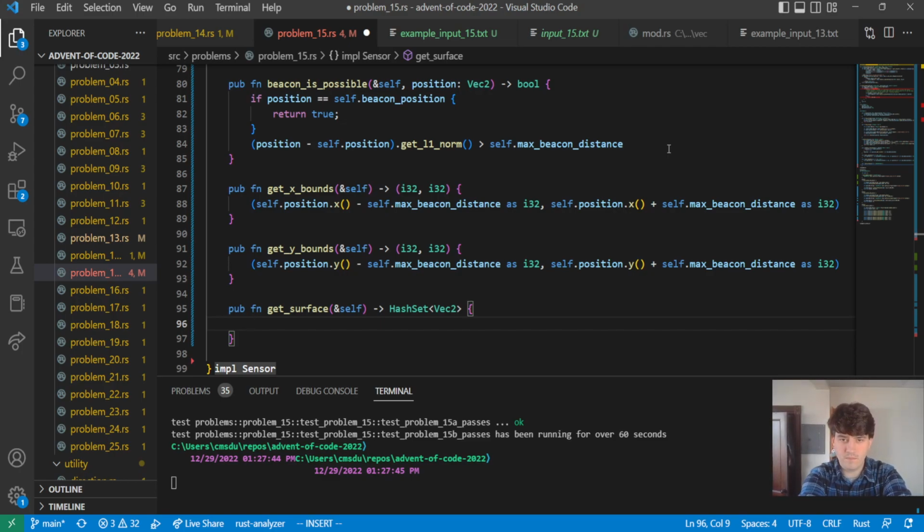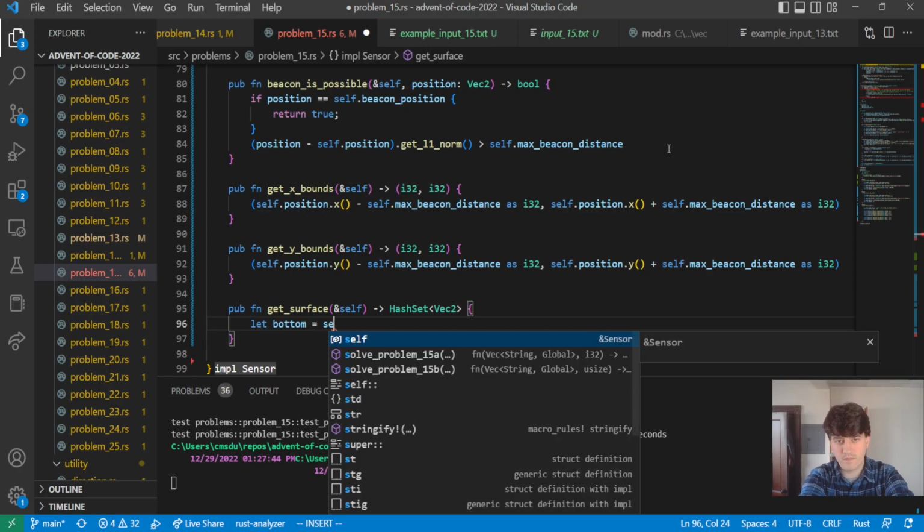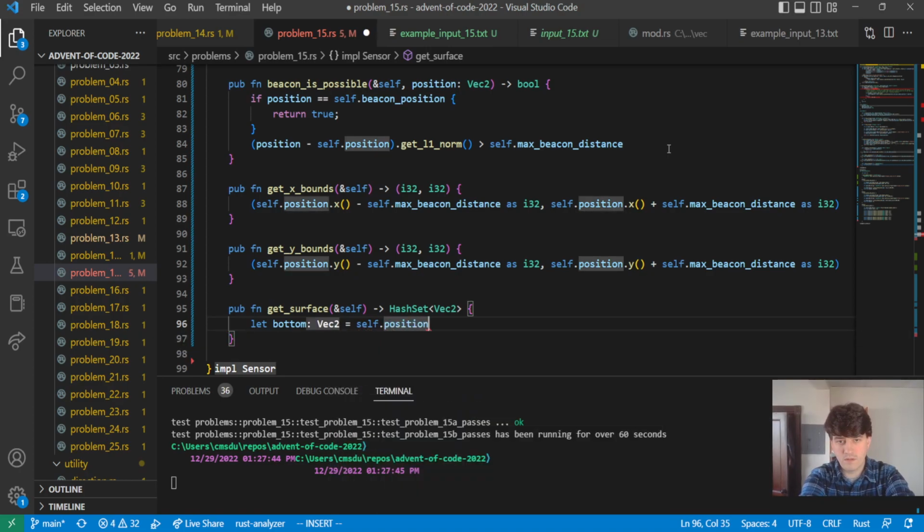So we can say let bottom be self dot position plus self dot max beacon distance times vec2 of j.